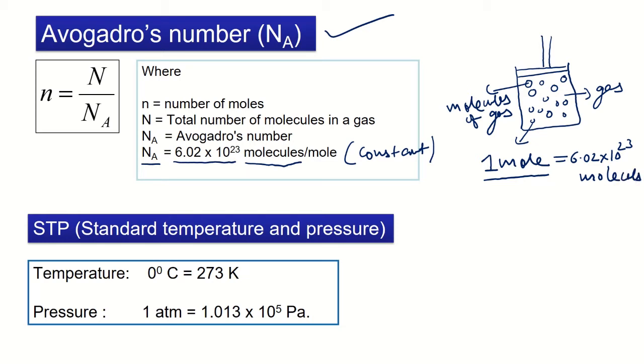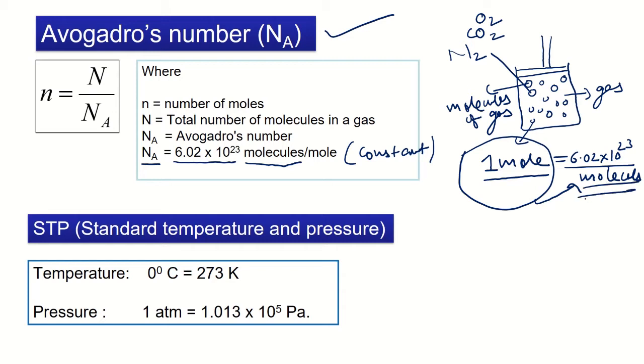It may be oxygen gas, CO2 gas, nitrogen gas, any type of gas. If the amount of the gas is 1 mole, the number of molecules is 6.02 into 10 to the power 23.